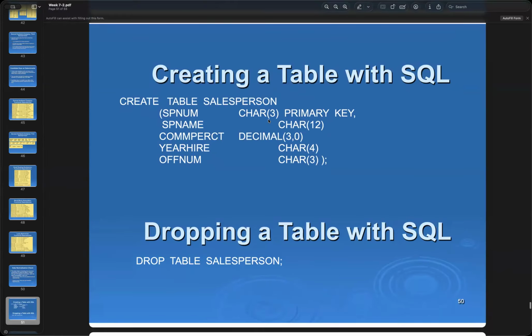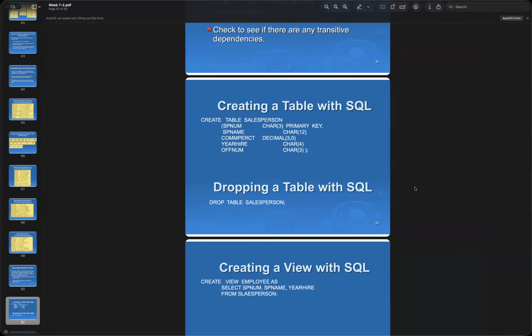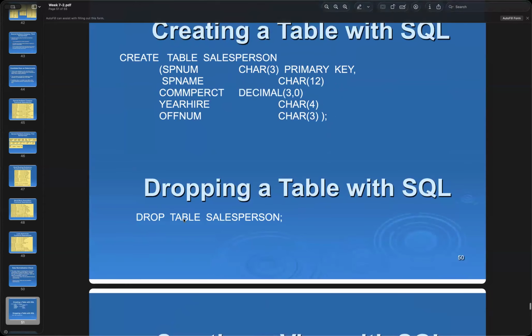Okay, we need to define the metadata. So later we need to learn what those metadata are, what the types are. Okay, we have varchar, char. Okay, and then we can define a primary key. Okay, decimal. So what's the decimal or integer? Okay, string or date. Okay, and then if we want to drop it, we can drop table. Okay, and then give a table name.